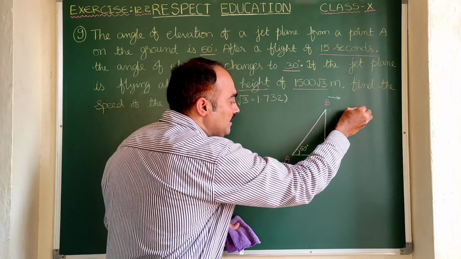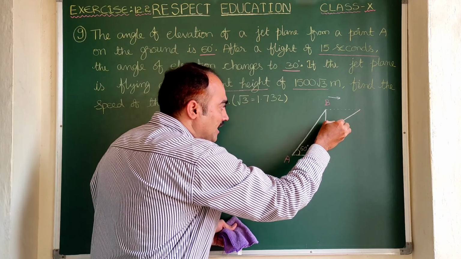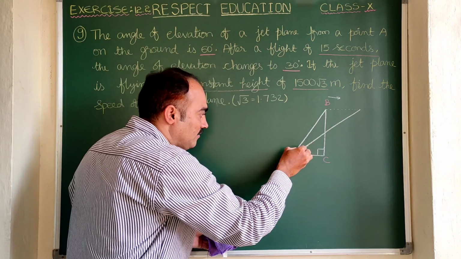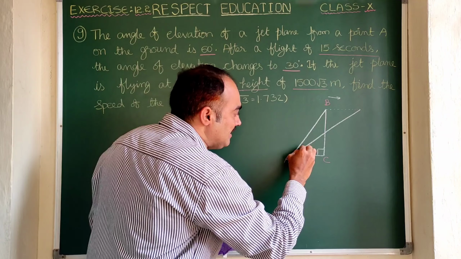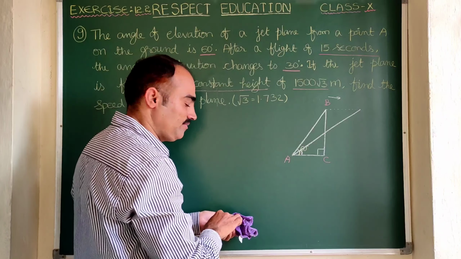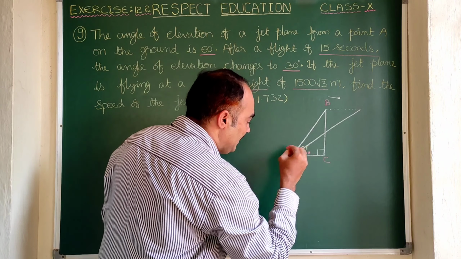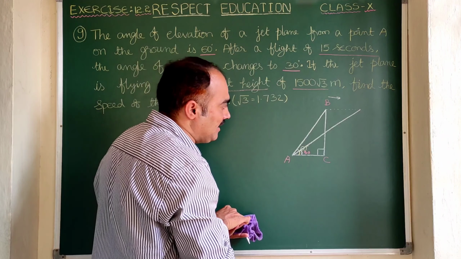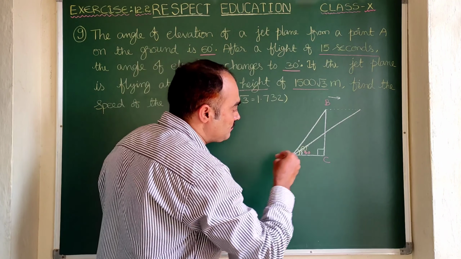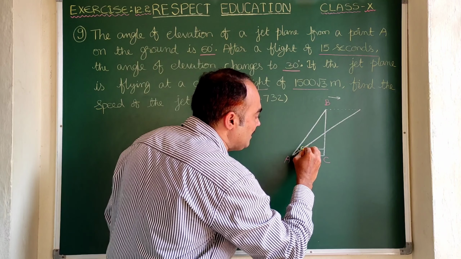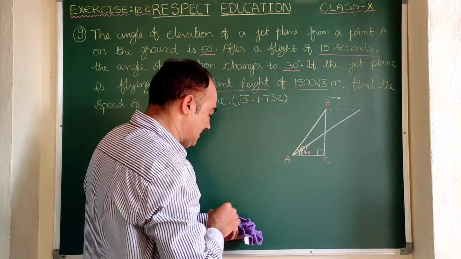So let us take a point here. From here you observe again to the same point A. Here this is 30 degrees. This angle of elevation changes to 30 degrees. Earlier this complete angle was 60 degrees, and now the new angle is 30 degrees.